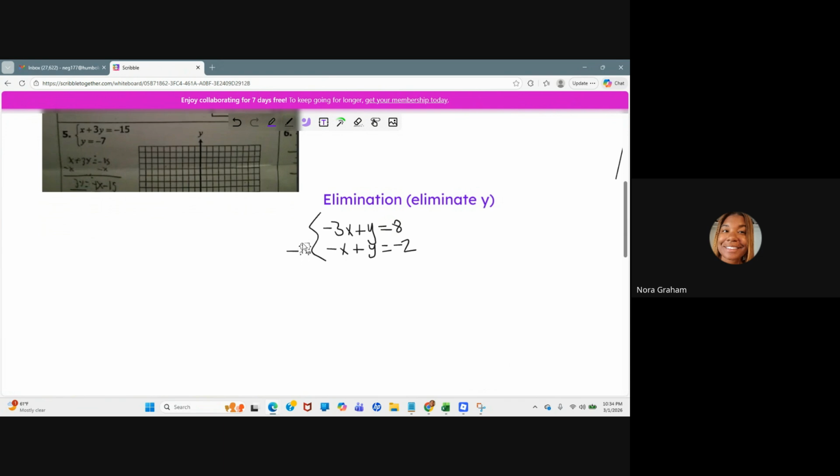Now you can write the 1 if you want, or you can just write a negative. It's up to you. But remember that -1 has to hit each and every one of your terms in your equation. Okay. So I write down -3x plus y equals 8.